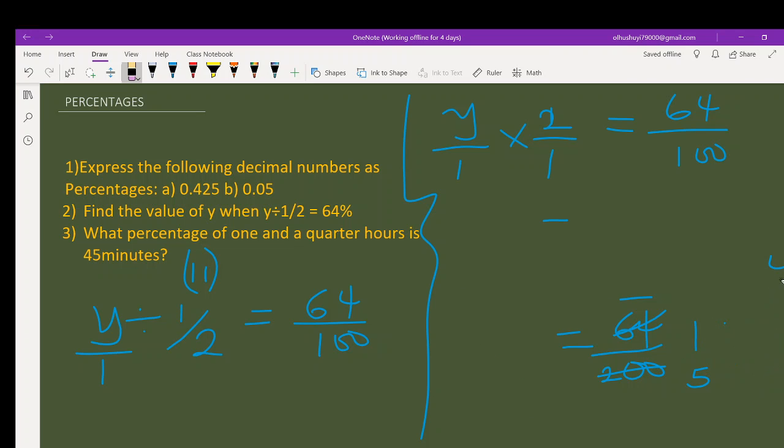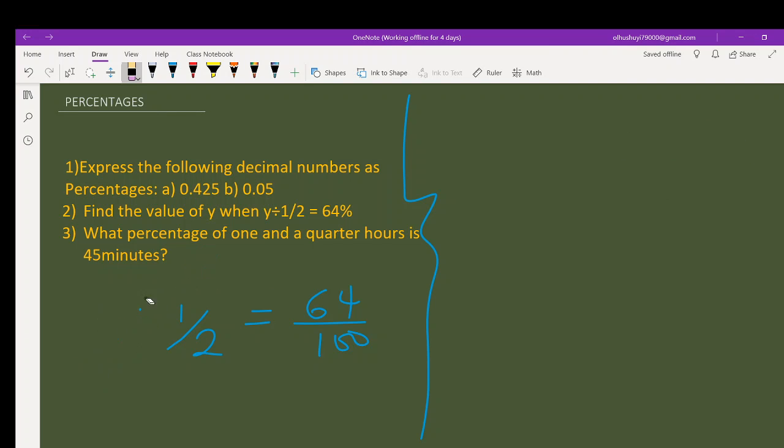This is the solution to 3. This means 1 whole number 1 over 4 hours to 45 minutes.